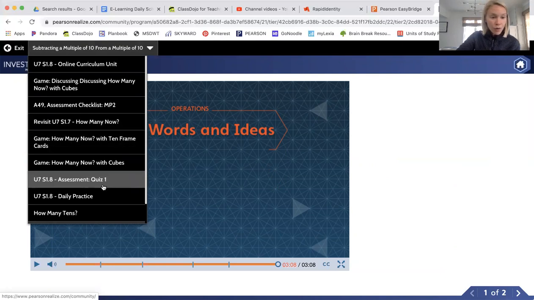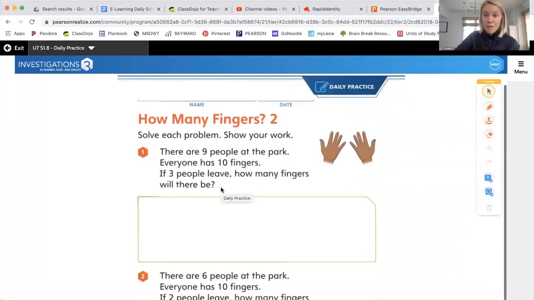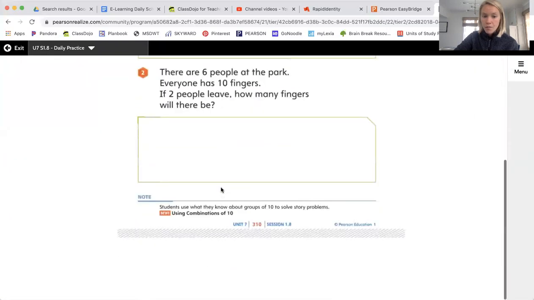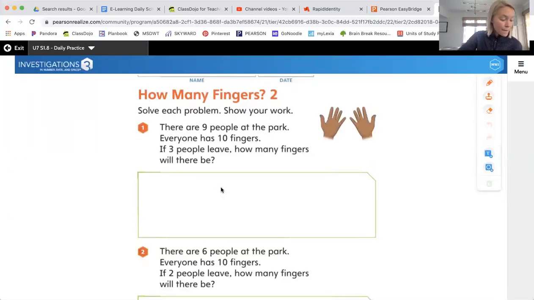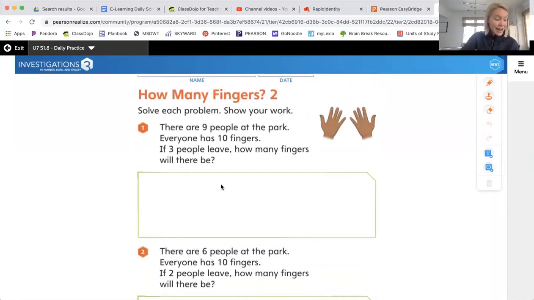So now I'm going to show you how to solve this problem, and then I'm going to give you your own how many fingers now problem. Okay, so we're going to do these two problems together, and then I'll give you some to work on your own over on Dojo.